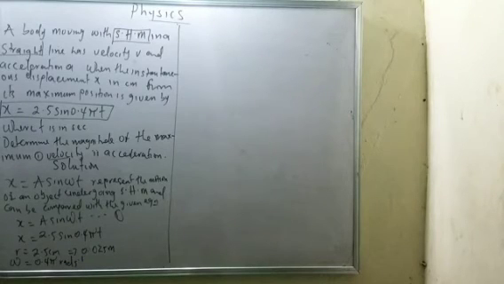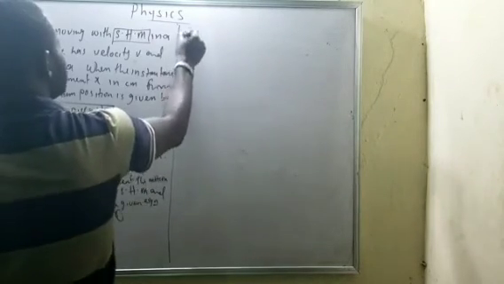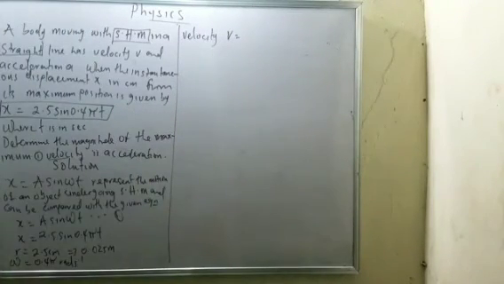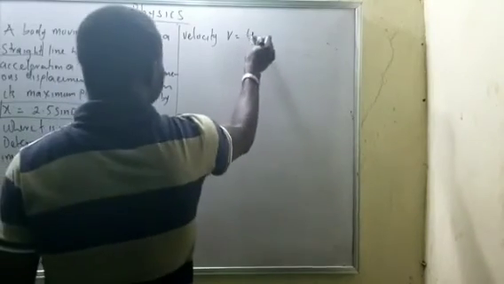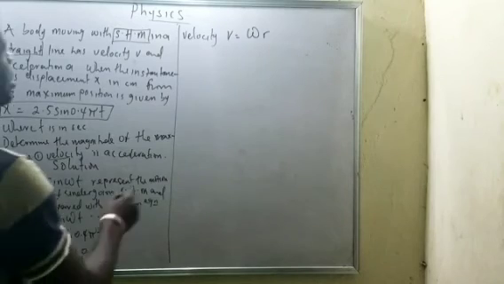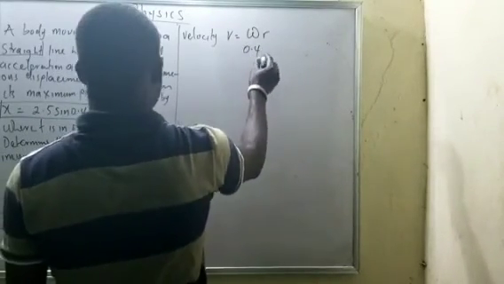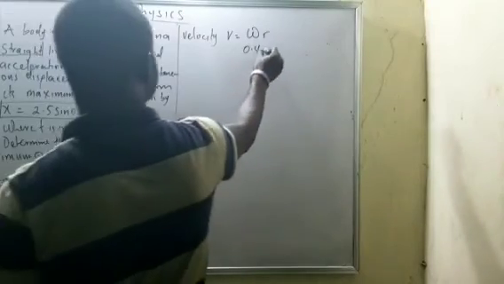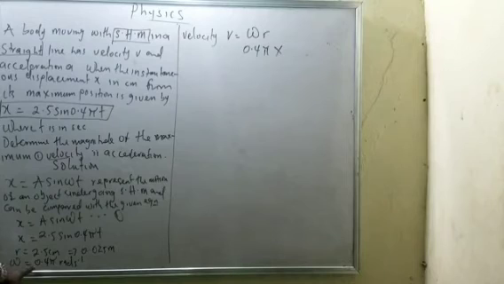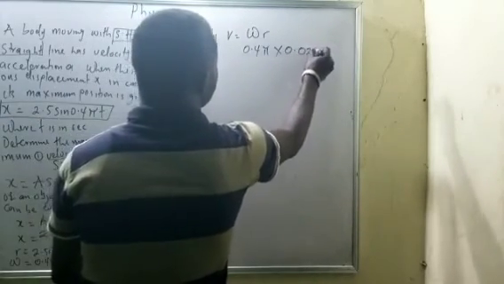Now, the first one, velocity, which is my v. My velocity is always equal to angular velocity multiplied by amplitude, which is 0.4 pi multiplied by my radius, 0.025.